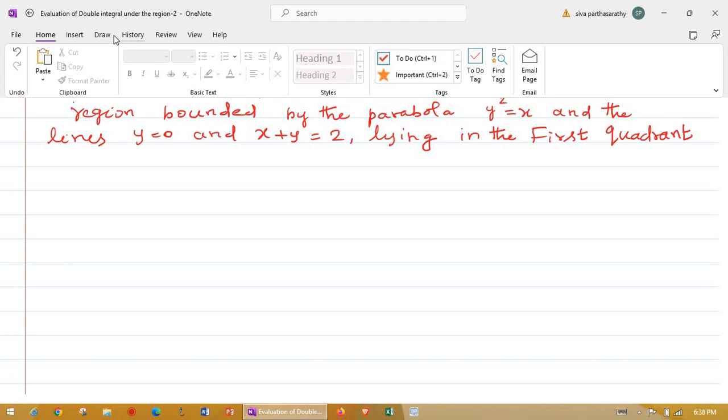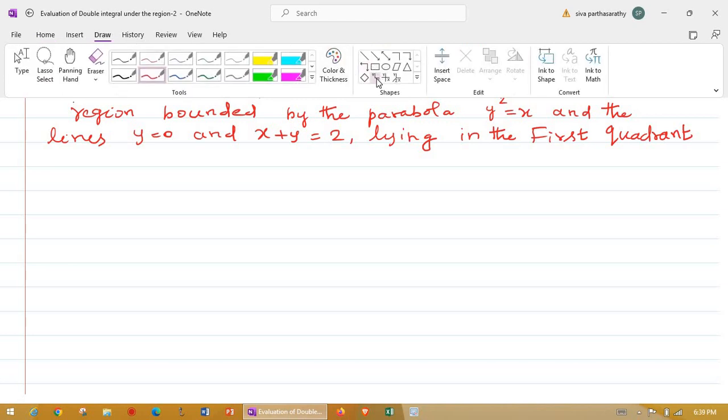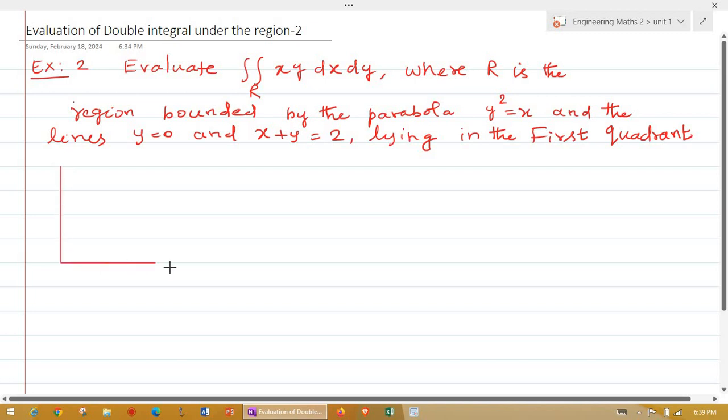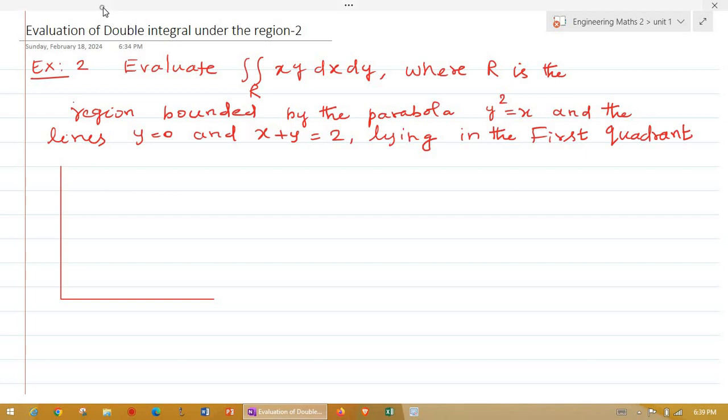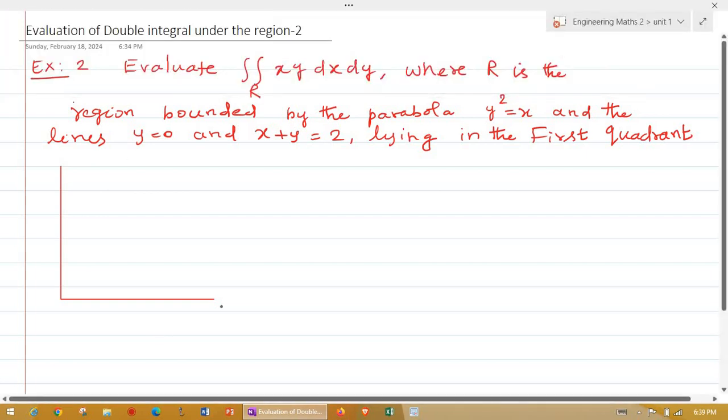Here we draw the x and y axes. This is the x axis, and this is the y axis. y square equal to x is the parabola, and we draw it like this.